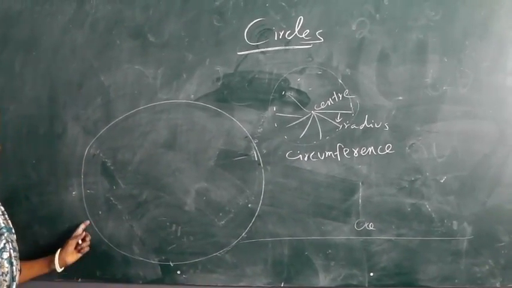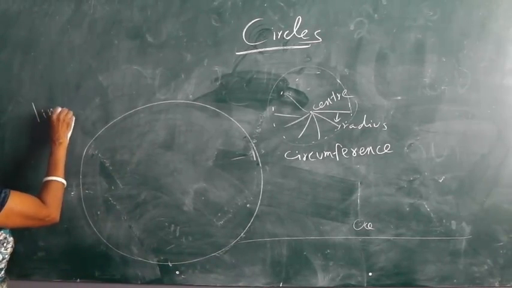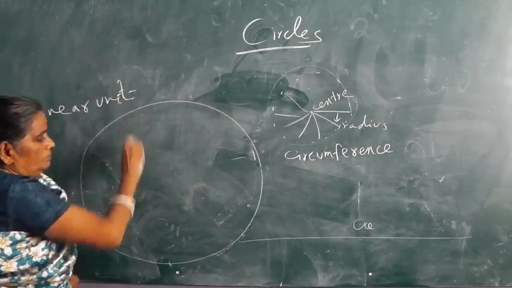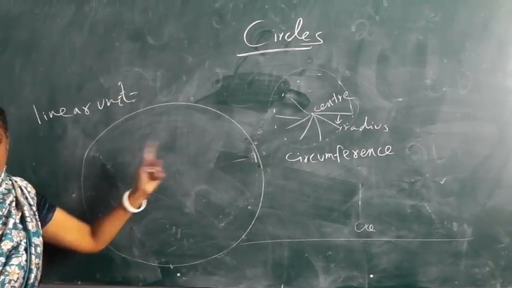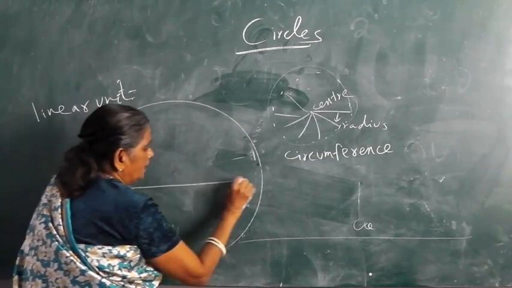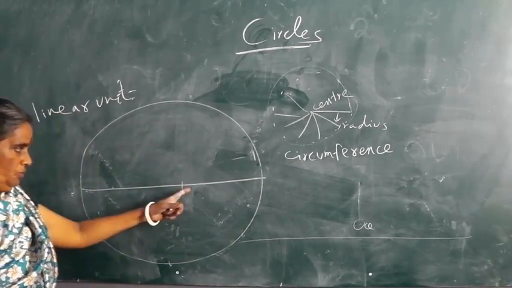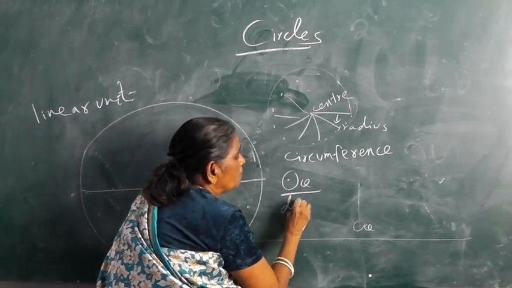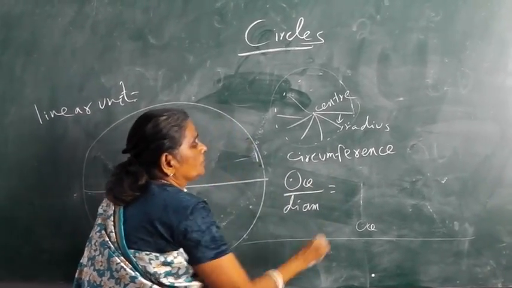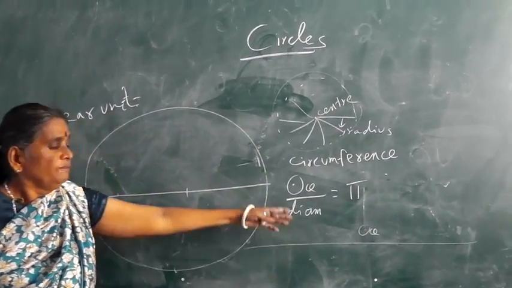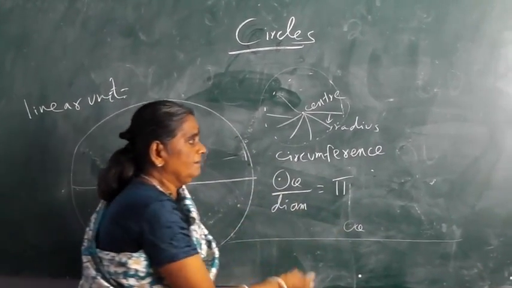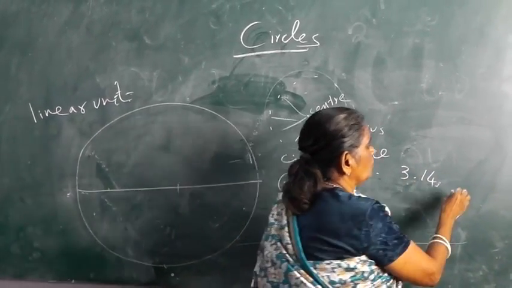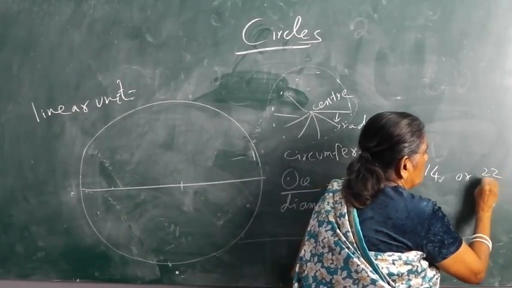Length of the circumference is always expressed in linear units because you are measuring only the length of a line. Now, measure the diameter also. For whatever circle you measure, circumference by diameter always holds a constant ratio. We call it pi.